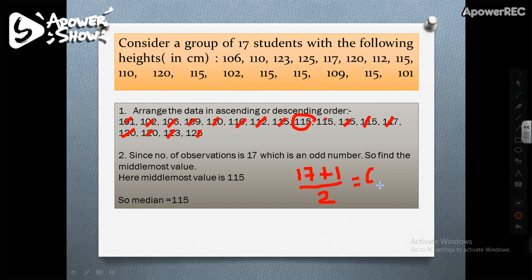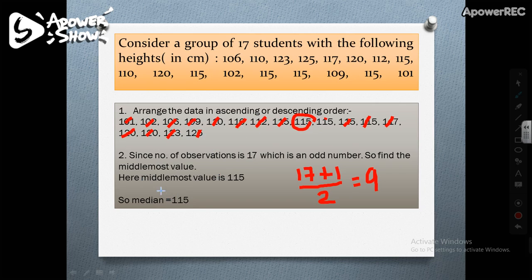So the middlemost observation is our 9th observation. So just count from here: 1, 2, 3, 4, 5, 6, 7, 8, 9. So this is our 9th observation, and this 9th observation is the middlemost observation of this given set of observations.